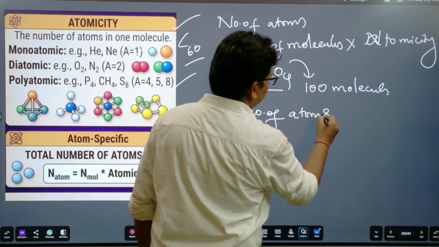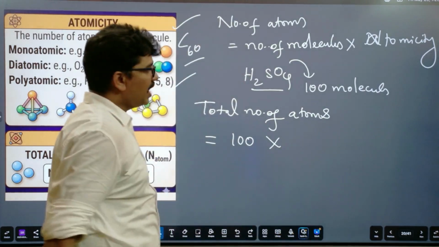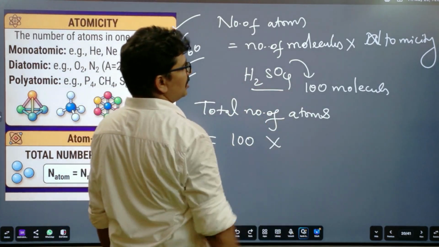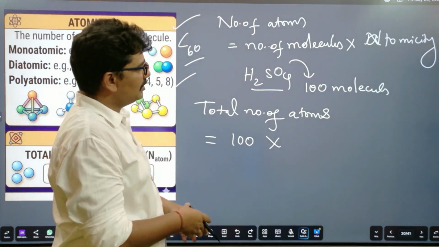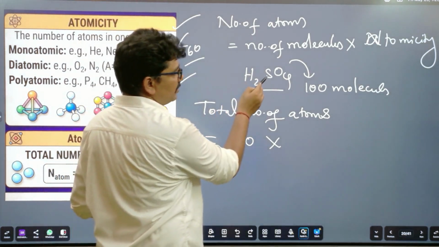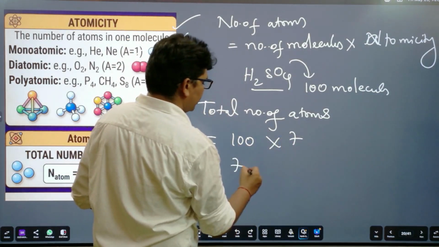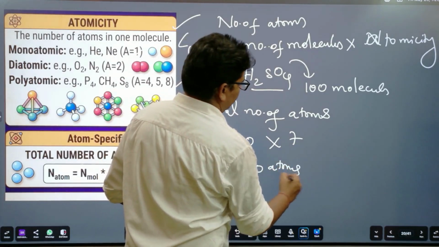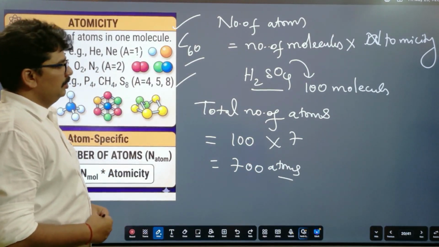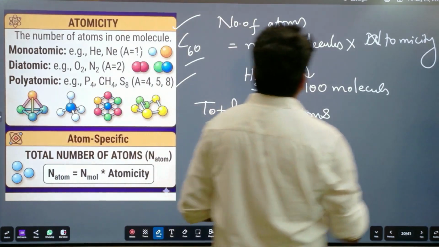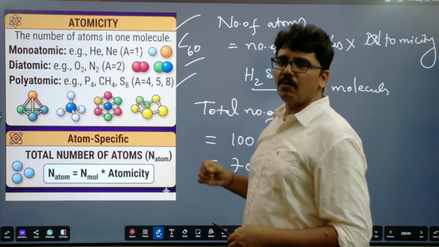How many molecules are there? 100 molecules. In each molecule, how many atoms are there? 2 plus 1 plus 4, total 7: 2 hydrogens, 1 sulfur and 4 oxygen. So 100 into 7, so 700 atoms. This is how we use atomicity in the mole concept. So the number of atoms formula is total number of molecules into atomicity. What is atomicity? Number of atoms present in one molecule.